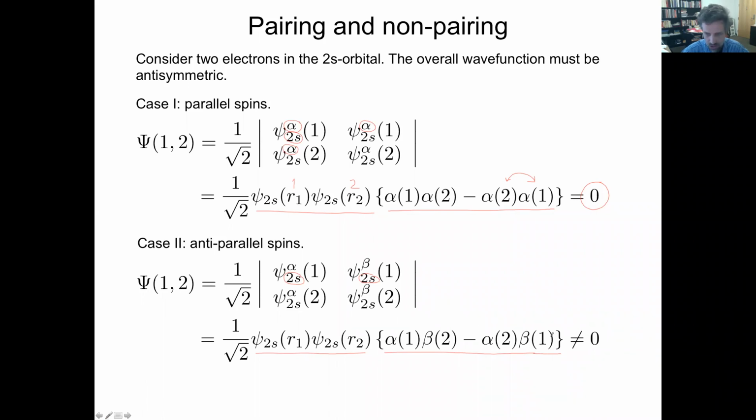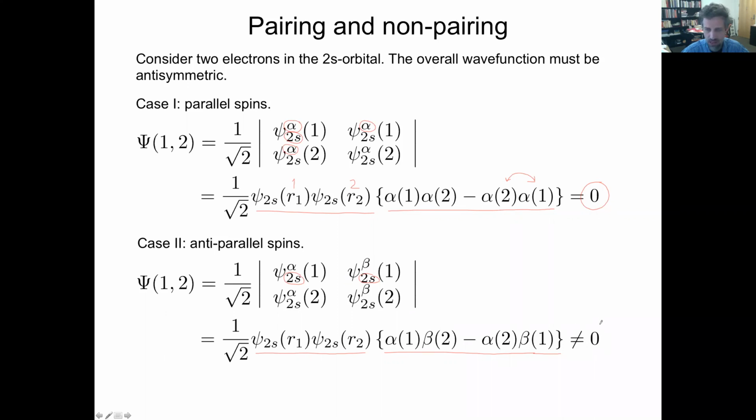These two terms are not the same. If I swap the order of beta 1 and alpha 2, so beta 1 goes in front and alpha 2 goes second, that term is not the same as the first term here. And therefore, this subtraction is not going to give me 0 because these two terms are different. And therefore, this is not equal to 0.